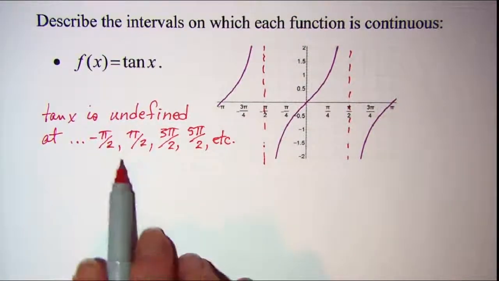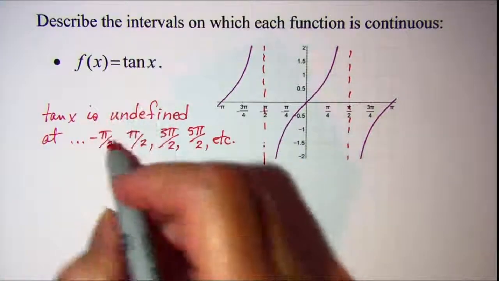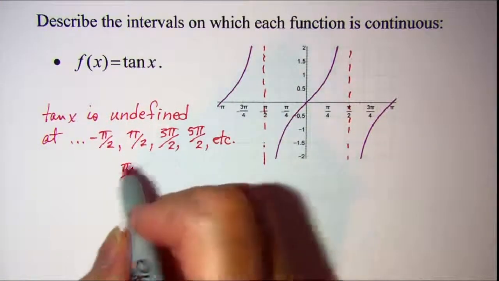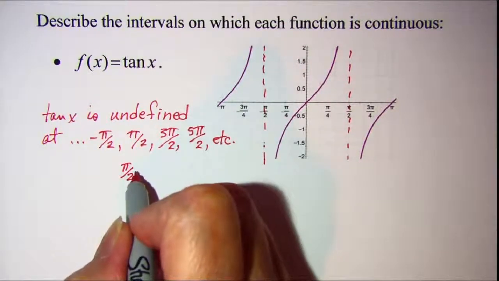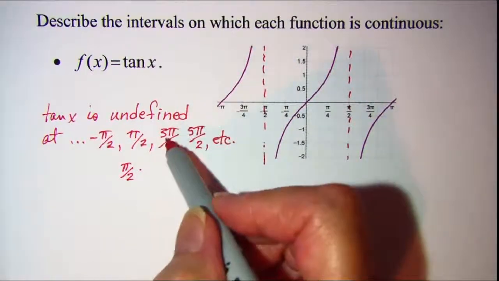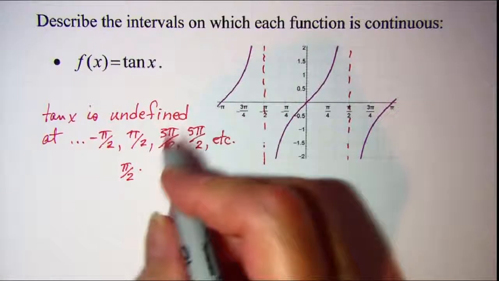So we need to show this algebraically. We can write this as pi over 2 times an odd number. So 3 times pi over 2, 5 times pi over 2.